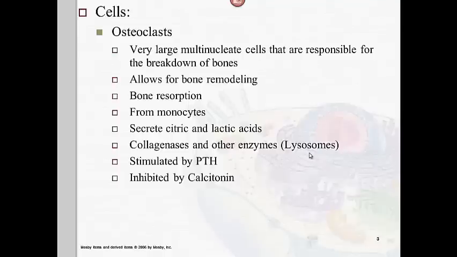They are basically formed from the monocytes. They secrete citric and lactic acid, and they're stimulated by PTH and inhibited by calcitonin. Once activated, the osteoclasts move to areas of microfracture in the bone by chemotaxis. They are basically in charge of digestion of bone that is in the healing process.